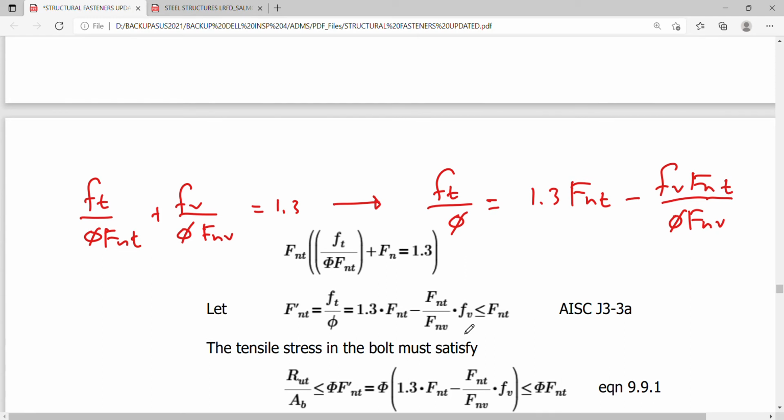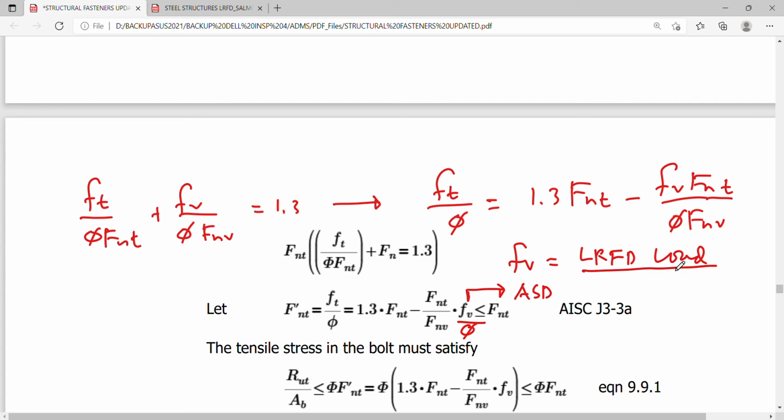So the missing phi here is due to the fact that if I convert later my value for Fb, I will be using the LRFD load instead of the ASD load, because Fb here is more of an allowable stress design variable.